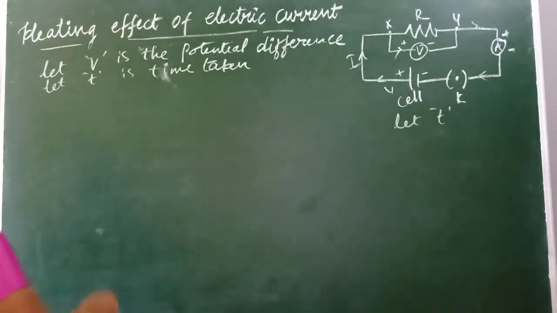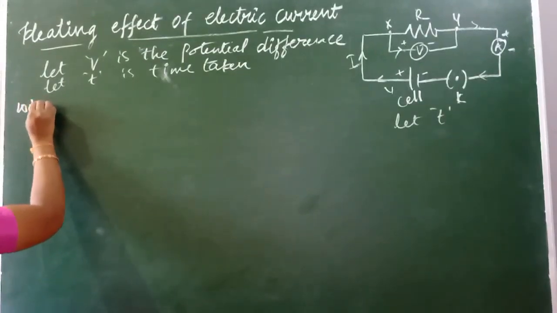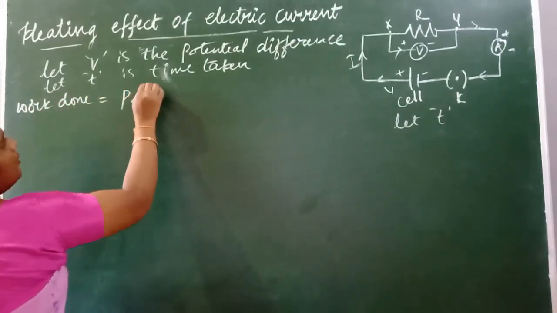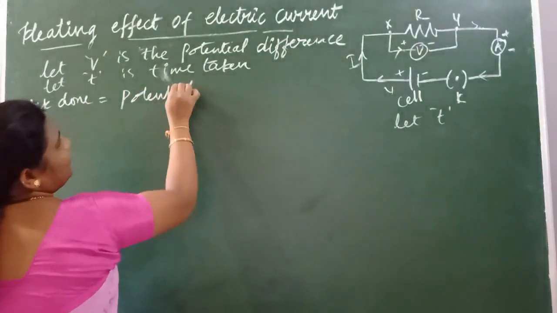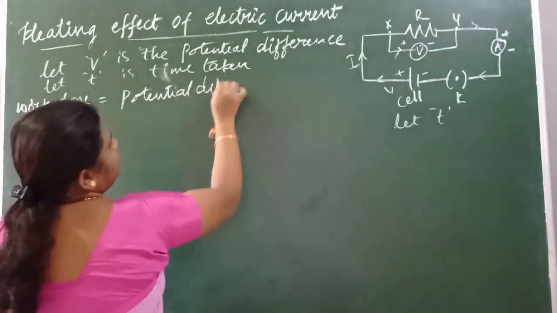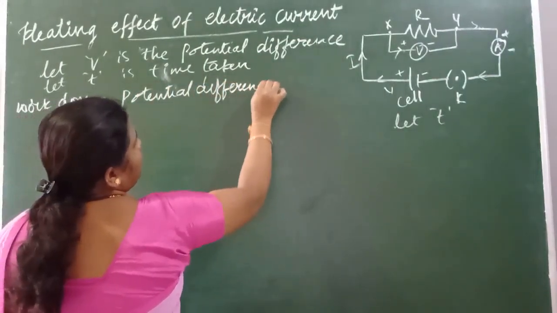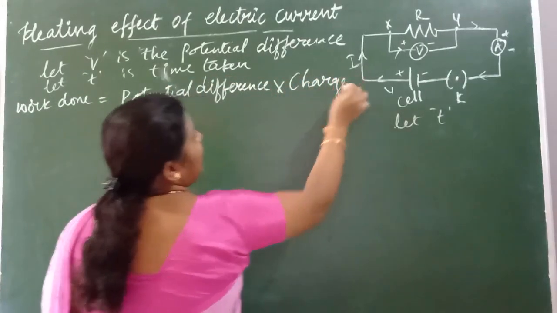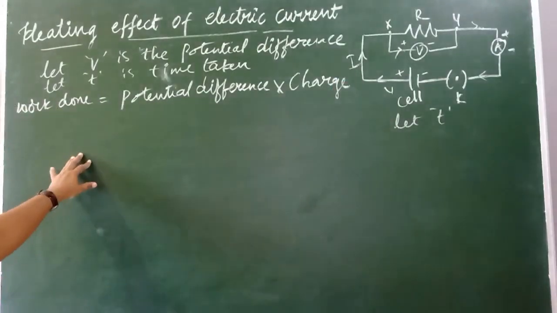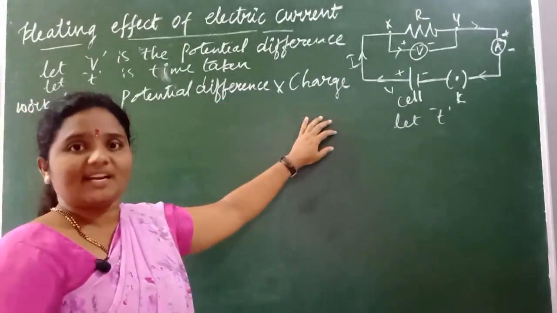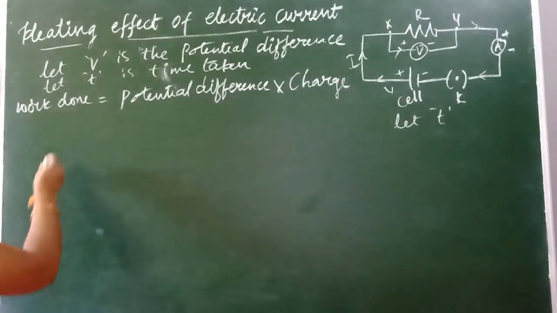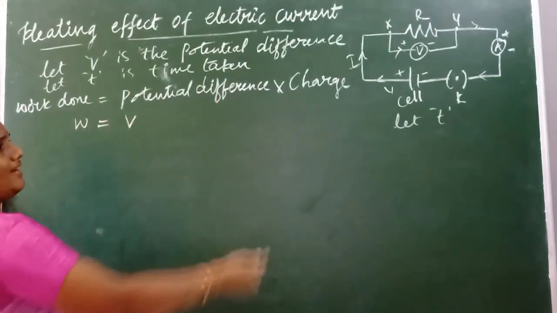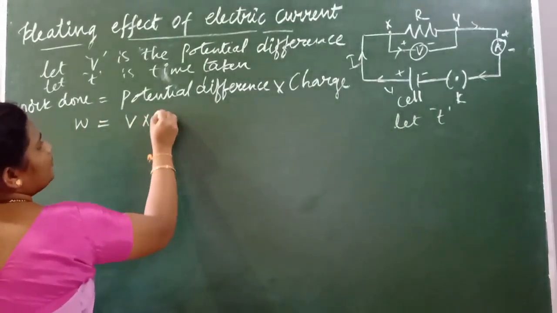Now, the work done is nothing but potential difference into charge. It means the amount of work done can be written in terms of potential difference and charge. So this can be written as W is equal to V into Q, where V is the potential difference and Q is the charge.